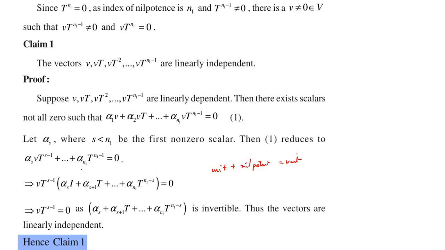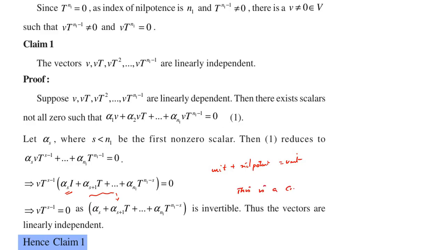So you have this to be non-zero, so that is a unit, and this is nilpotent, we know. So this plus this should be invertible. When we apply the inverse on both sides of this, we have vT^(s minus 1) to be 0, and this is invertible. That is the reason why you have this. Now this is a contradiction.